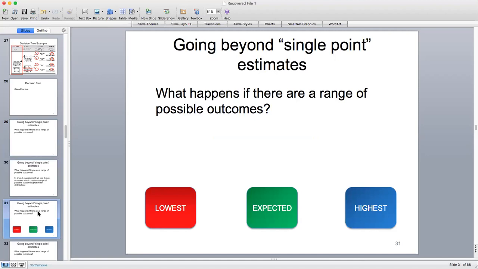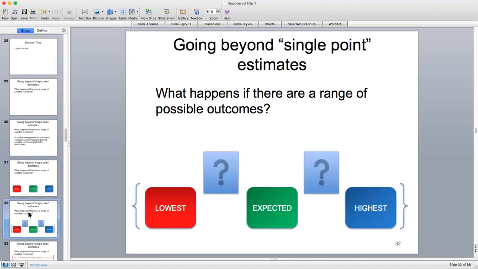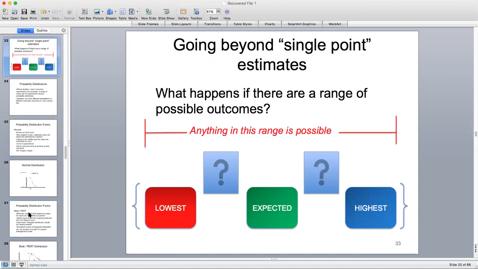Okay, but the issue with that is that we have all these values in between. Okay, so if we look at all of those values in between, at any given point, from the lowest to the highest, any possible outcome could exist. So anything in this range is possible.